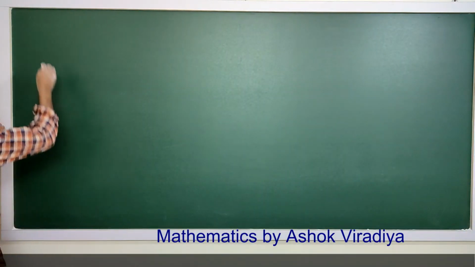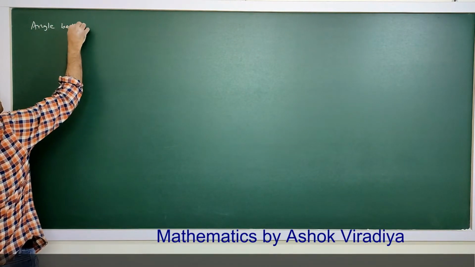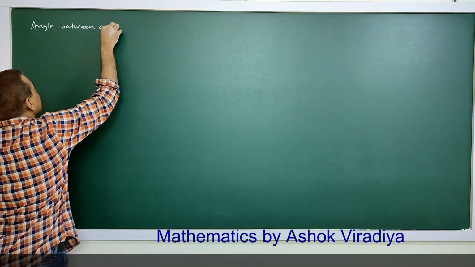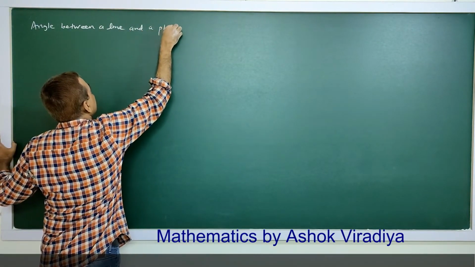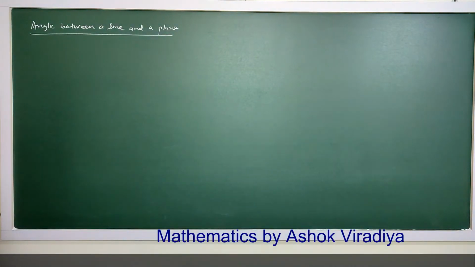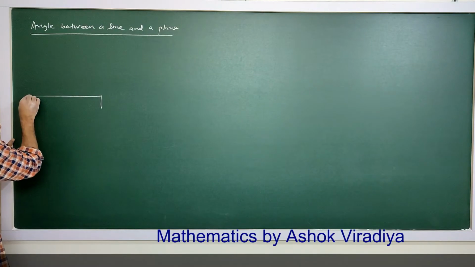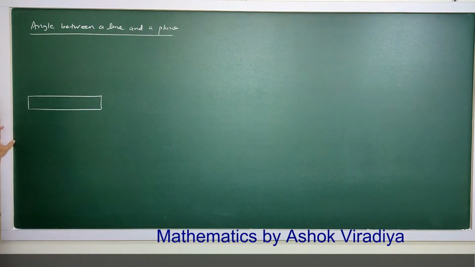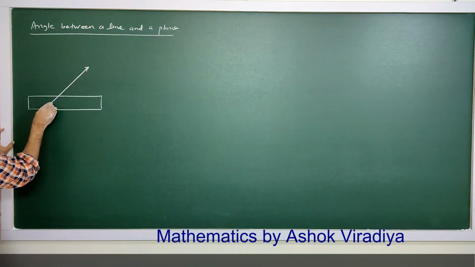Now next topic is angle between a line and a plane. When a plane is given and a line is given, this is a line.